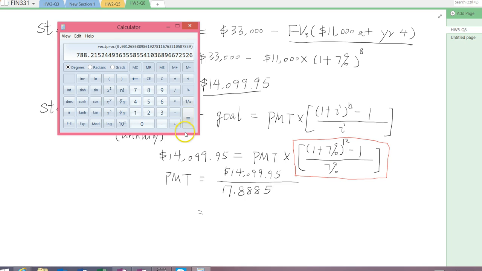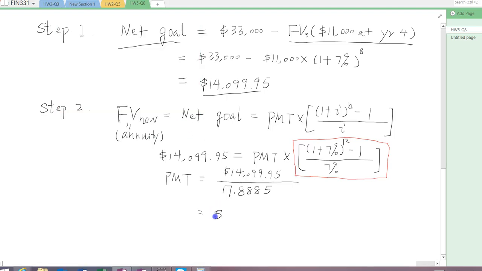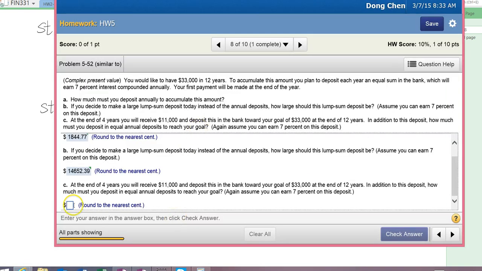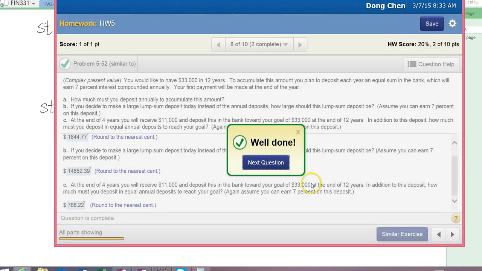So the final answer will be 788.22. That's the new annual payment. Now let me put this number back into my MyFinance app and see whether I got the right answer, 788.22. Check my answer. Yes, we're done.